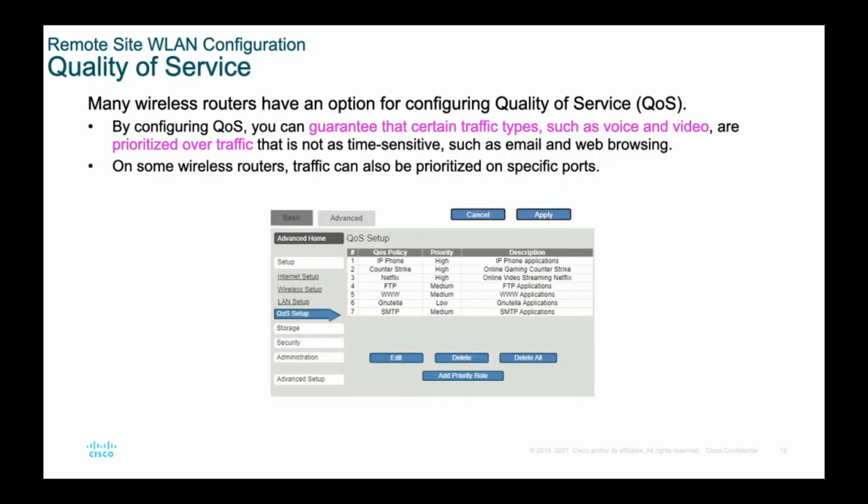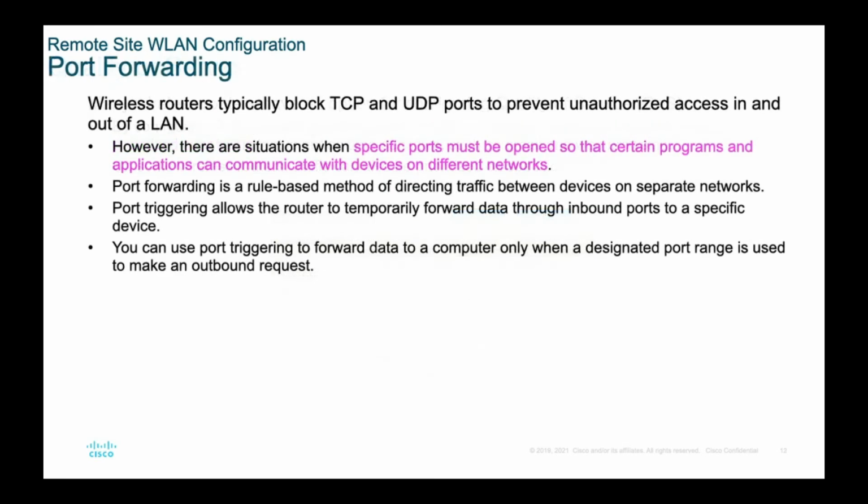Okay, quality of service is used to prioritize what traffic should have a higher priority and so on. We are not going to do everything. Okay, port forwarding. That is another service inside your wireless router. Sometimes your client needs a direct connection to the internet, so you can do port forwarding. Of course, your wireless router doesn't provide a direct connection for your device.